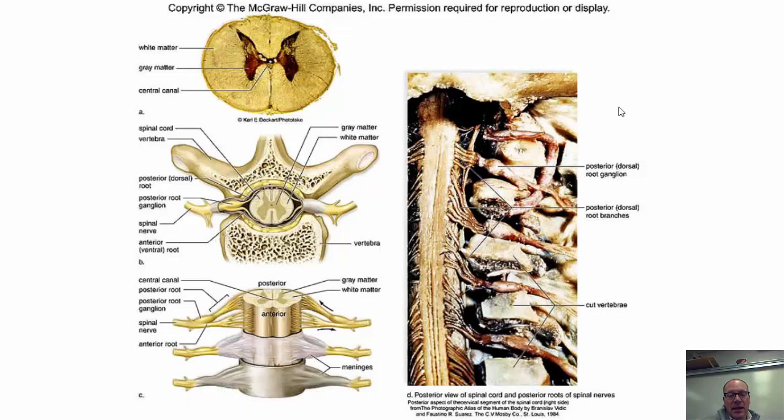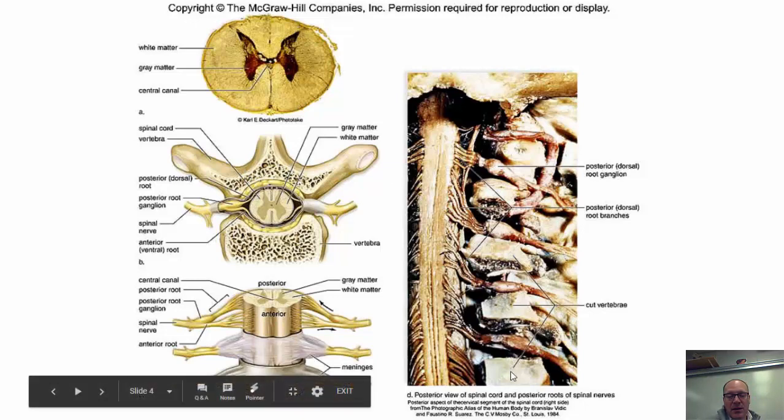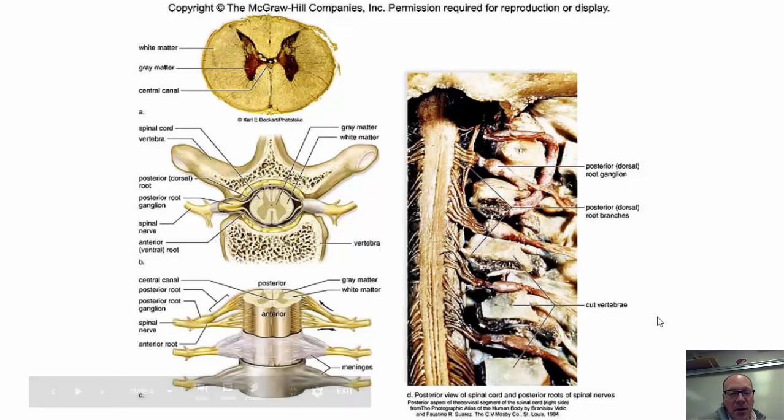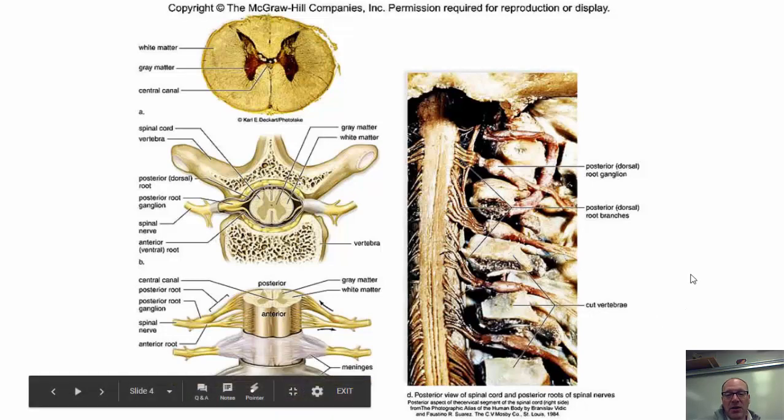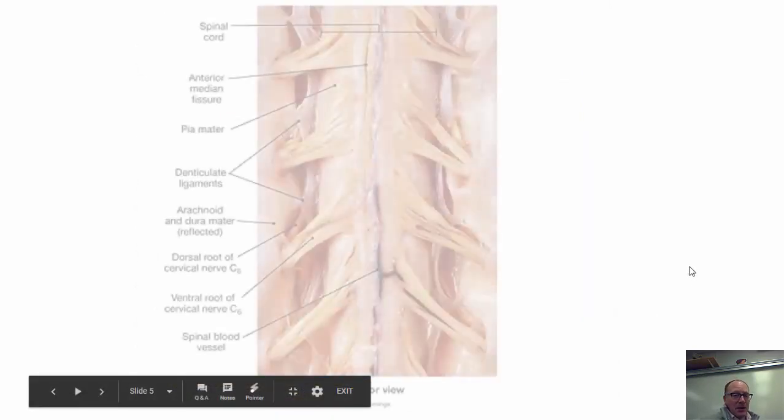This is another look at a preserved specimen. This is a dissected cadaver, and you're looking at it from the posterior view. What that means is that this part of the bony vertebrae has been dissected away. This is some of those vertebrae that have been cut. So some student, or perhaps a doctor doing an autopsy for some reason, or some medical professional, basically used a saw to cut away the posterior portion of the vertebrae to expose the spinal cord for either learning inspection or perhaps autopsy inspection.